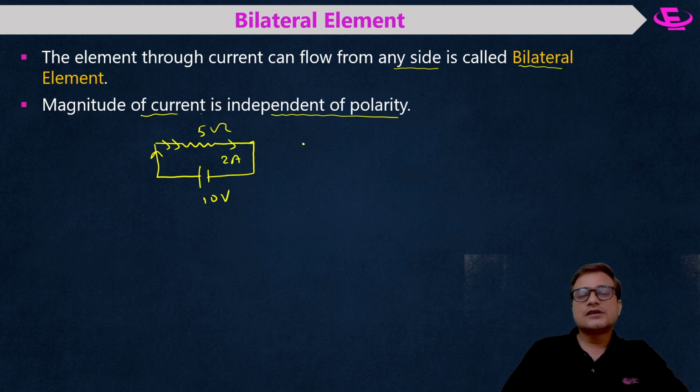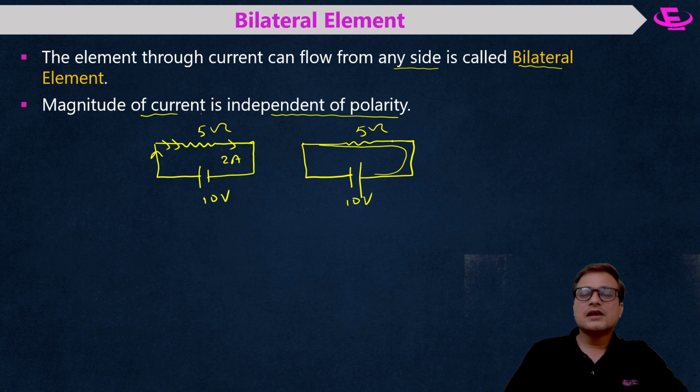Now let us change the polarity of the battery, that means the battery terminals are reversed. This is 5 ohm and this is 10 volt. Now the direction of current is changed. It will be from right to left and the value will be the same, 10 divided by 5, that is 2 ampere.